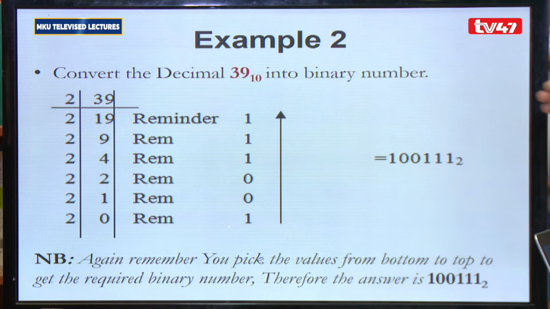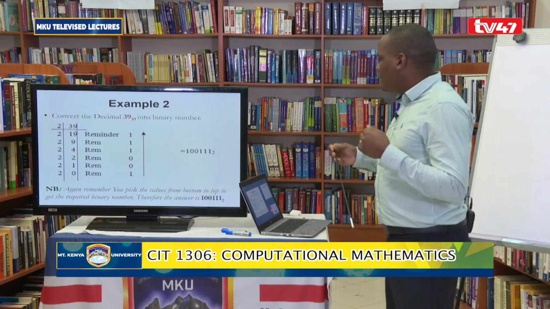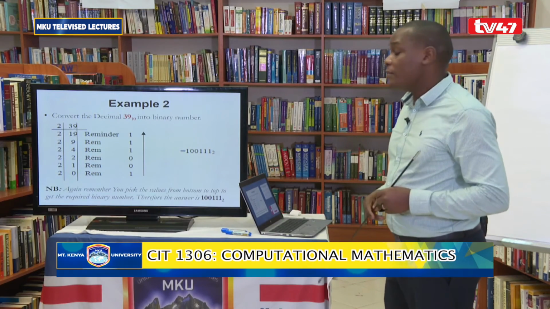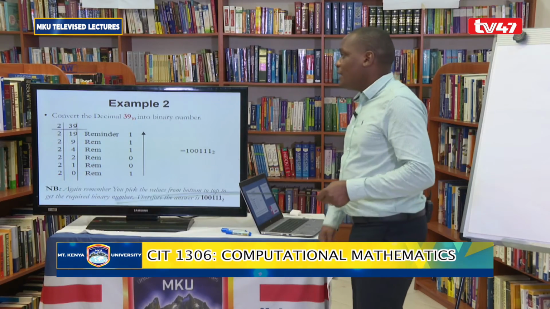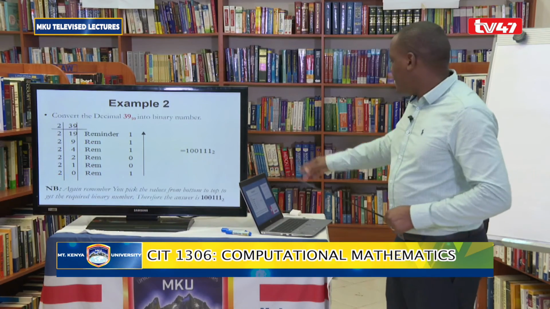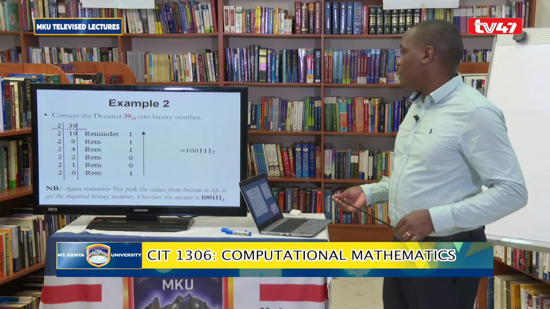Otherwise, if these values were represented in the computer as 100111, and we are not used to this language, we may not know what it means. But the internal representation of data is in the form of zeros and ones. And once you type a number, a value, or a letter, it is converted into its binary equivalent.